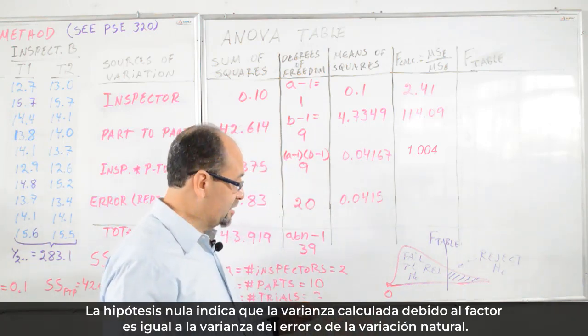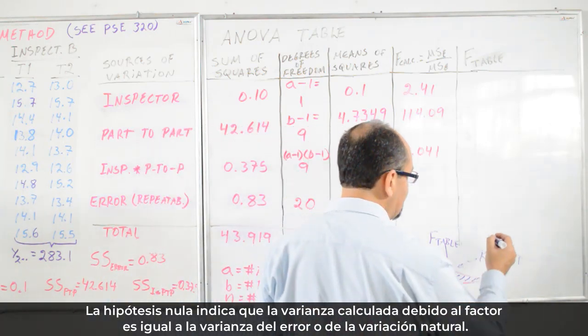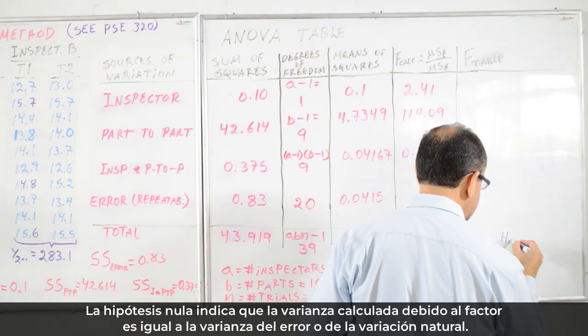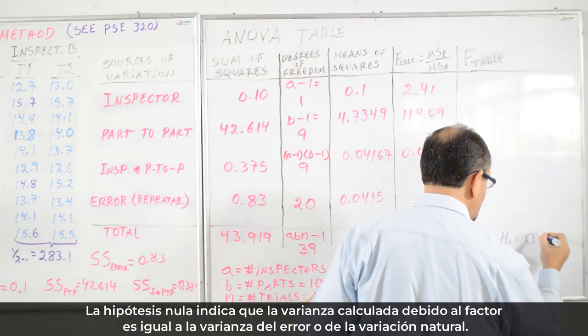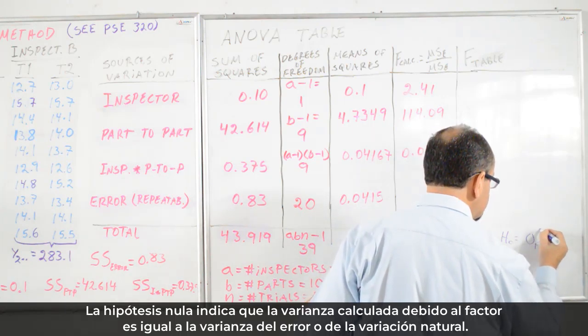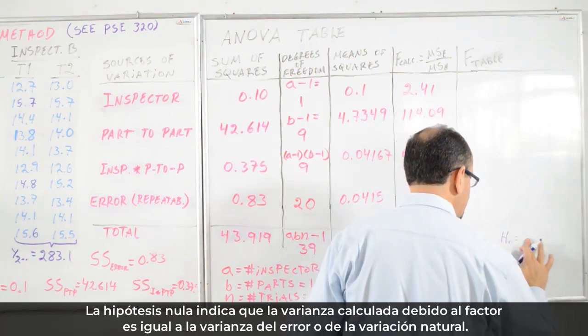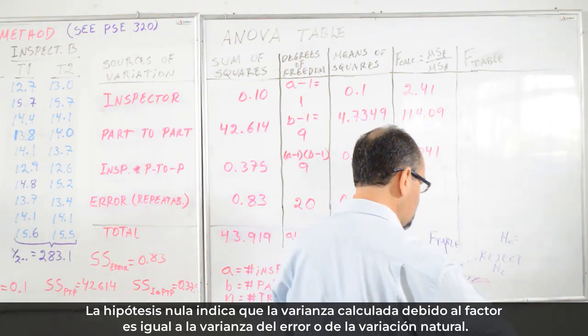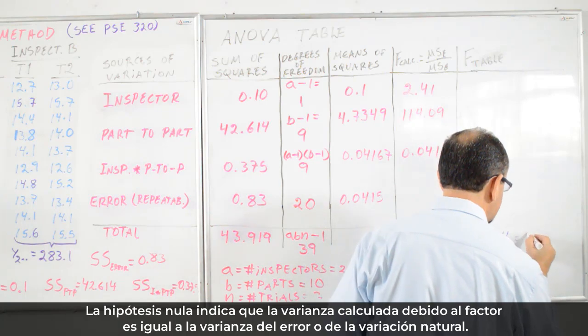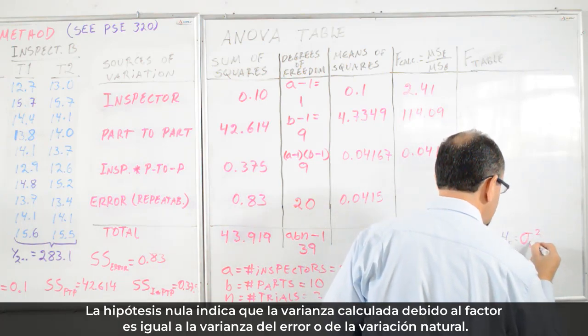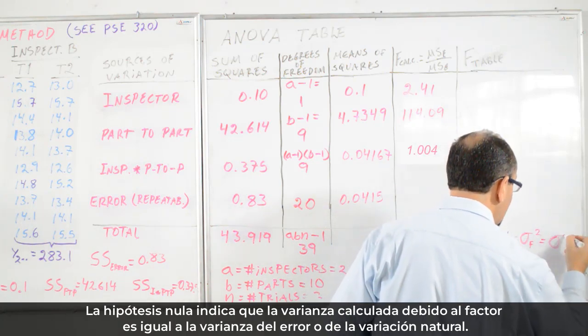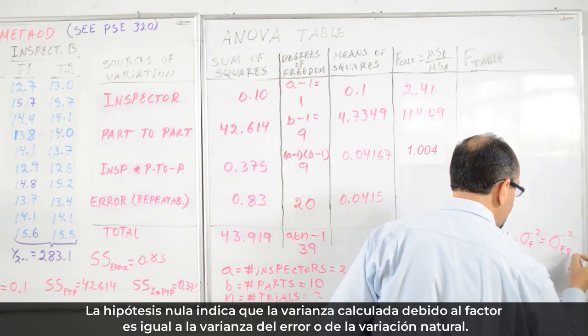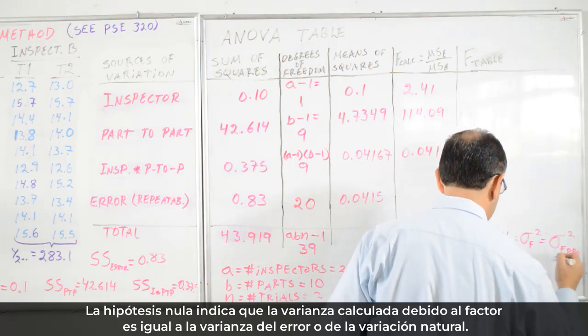The null hypothesis basically is that the variance because of the factor is equal to the variance of the error, of the natural variation.